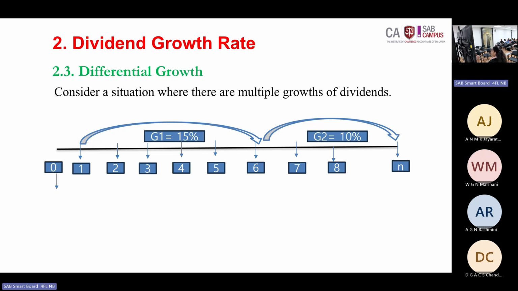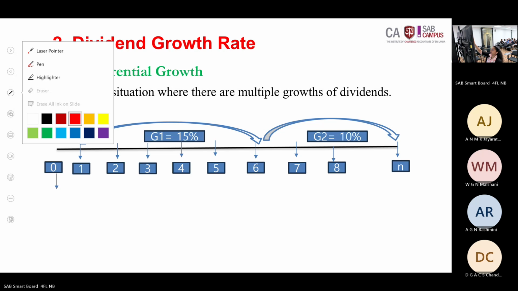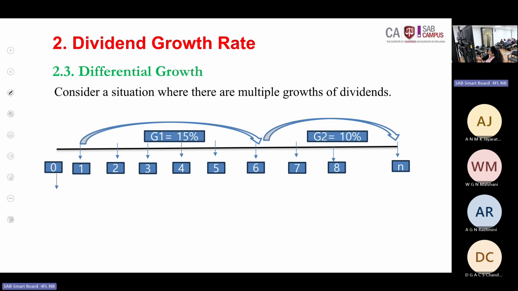You can see here, year 0 to nth year, with years 1, 2, 3, 4, 5 and so on. During these years, there are two stages, starting from year 1 to year 6.